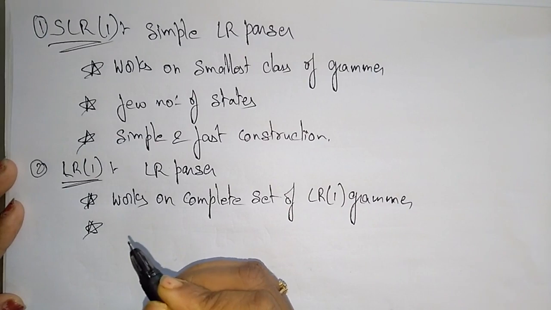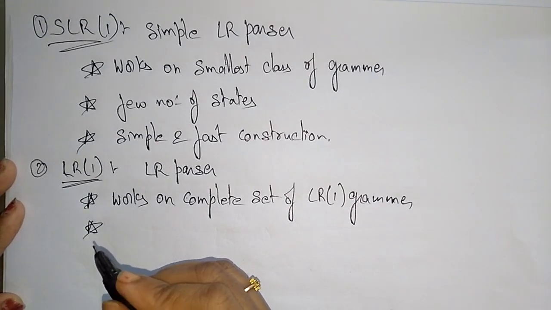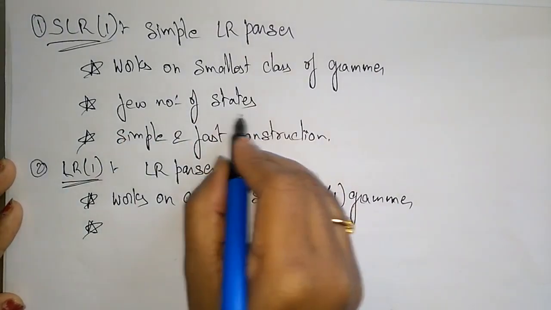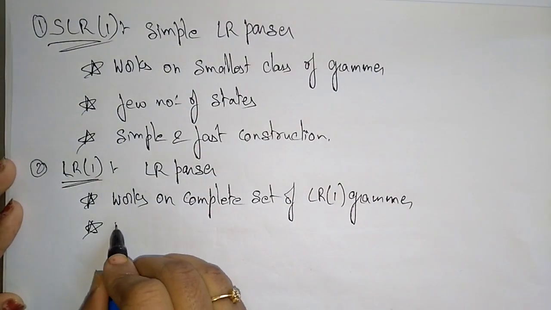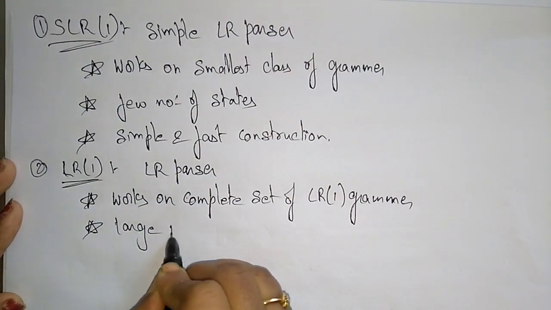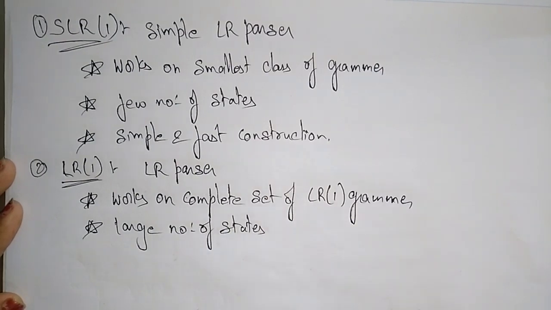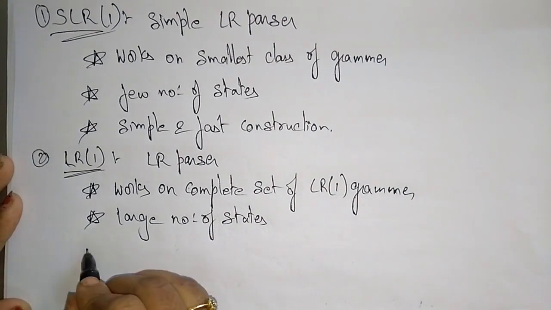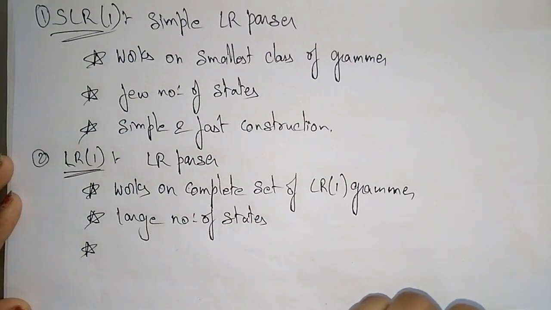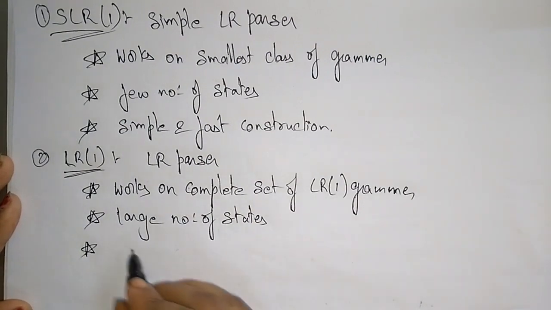And it generates a large table and a large number of states. SLR has few states, whereas LR1 has a large number of states. Whenever the states are increasing, obviously the table also becomes big. And if the table is large, it means slow construction.